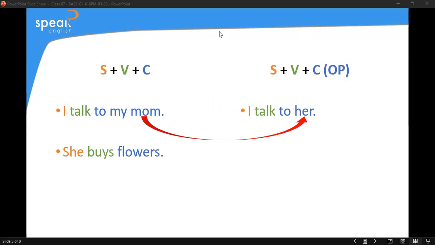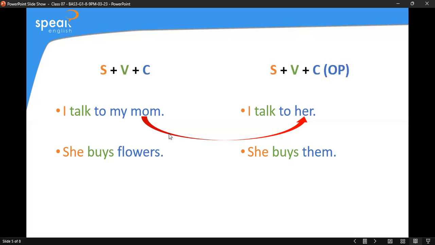Can you help me reading this example, please, Miguel Ángel? She buys flowers. Okay, thank you very much. And can you help me with the second example, Danny? She buys them. Okay, very good.